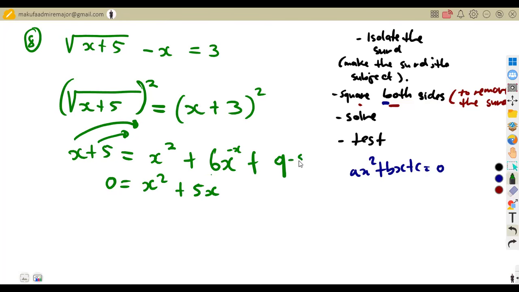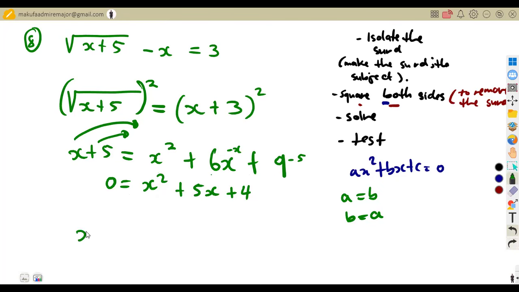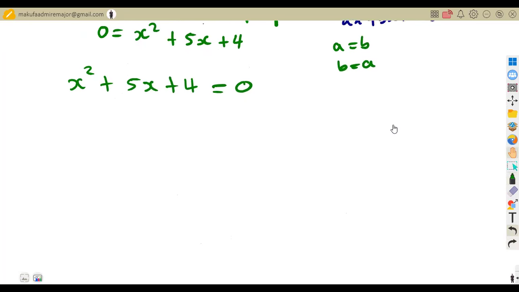This side, it becomes a negative 5. So 9 minus 5, it becomes a 4. So if a is equal to b, is the same as b is equal to a. So if 0 is equal to this, it simply means also this must be equal to 0. So you can even write it from that side. X squared plus 5x plus 4 must be equal to 0, like that. So this is what we are going to have at the end.